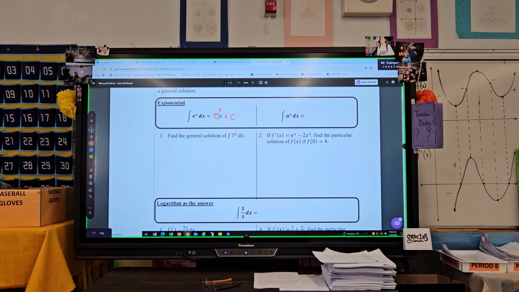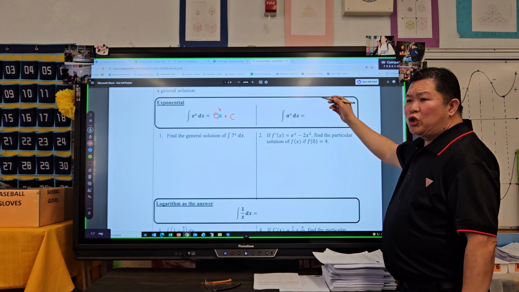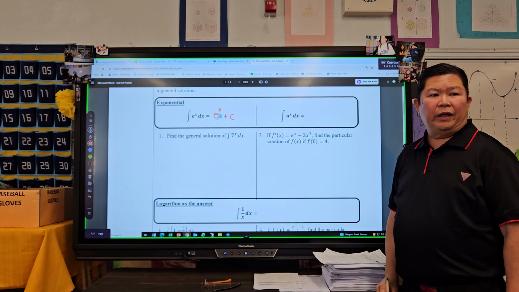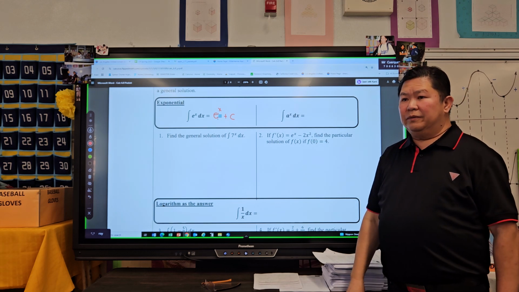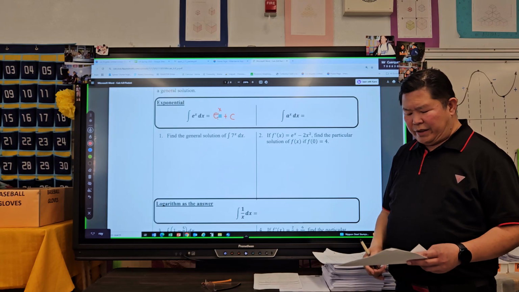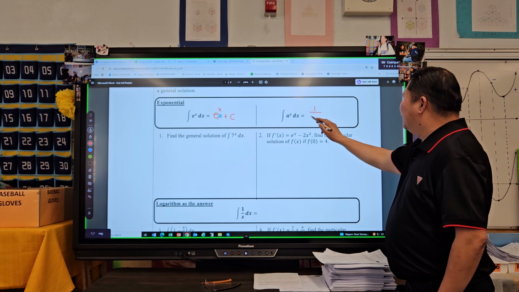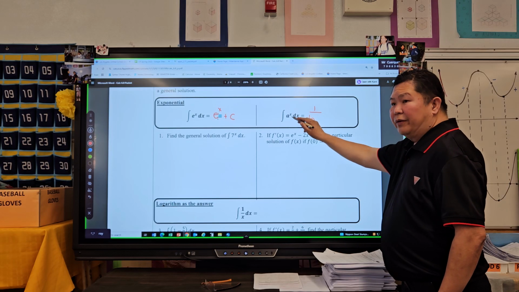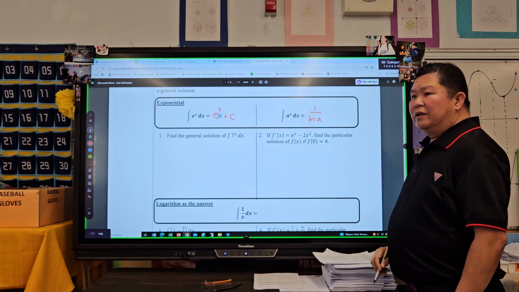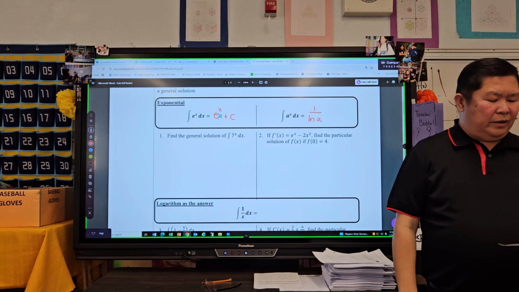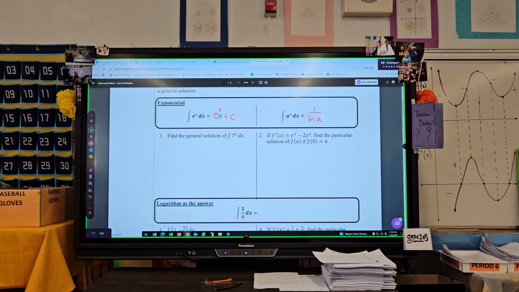So, which means if this is logarithm, we're gonna do natural logarithm. 1 over the natural logarithm times the derivative of a to the power of x, which implies that this is 1 over ln a, natural logarithm of whatever is the base, times the derivative, which is a to the power of x.